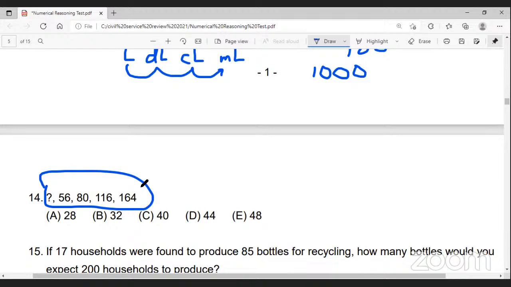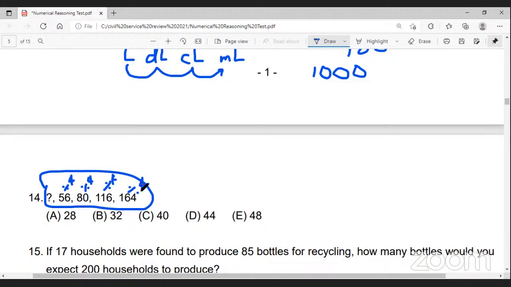So I started to divide the given terms by 4. Can you help me divide by 4?